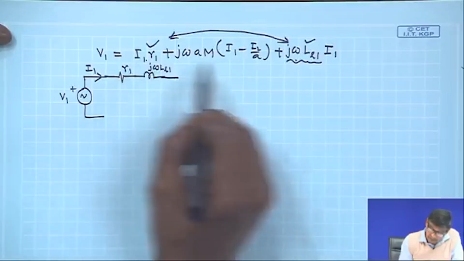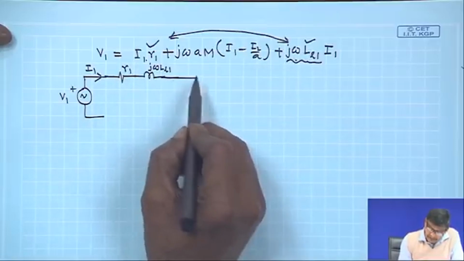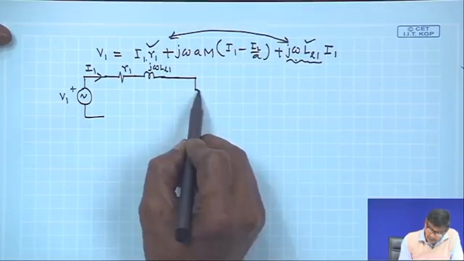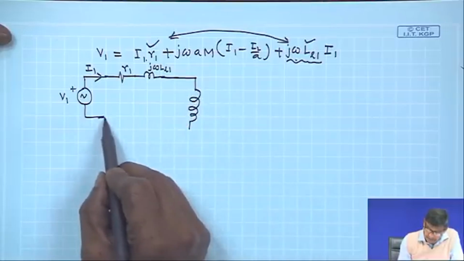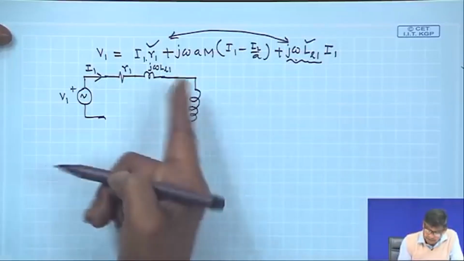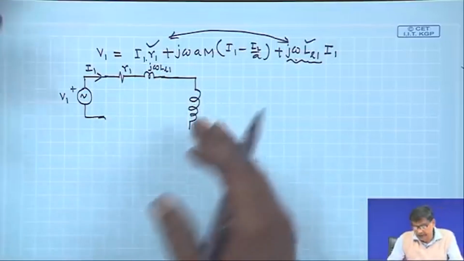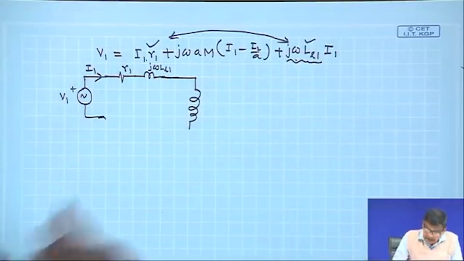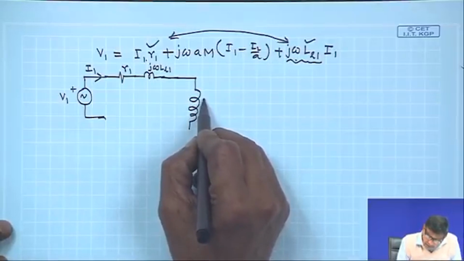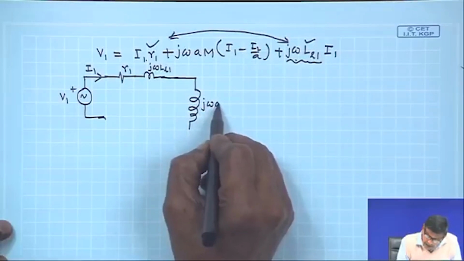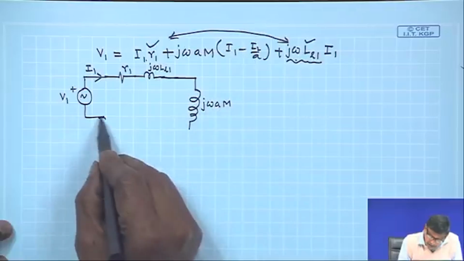So, this drop plus this drop. Then there is another drop which is occurring in an inductance coil, not a transformer coil. Now, I am trying to translate this in terms of a circuit, and I will call it a reactance of value j omega A m, and I close it.